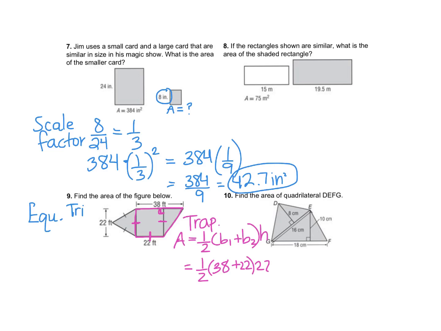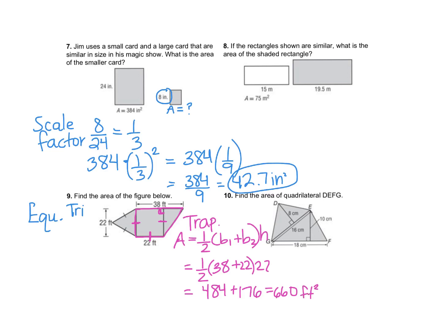So when we plug in those numbers, you should get 660 for the trapezoid.